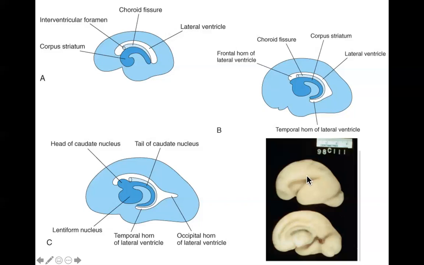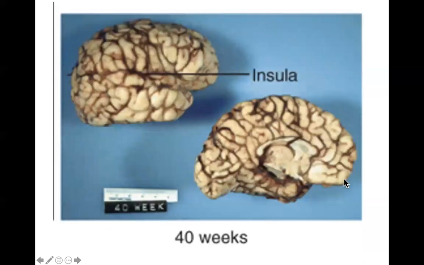So you notice down here, this is a 22-week brain, and this 22-week brain has a pretty smooth surface. Now, let's compare that to a 40-week brain. Oh my gosh, quite a bit of difference, right? Look at all the hills and valleys and gyri and sulci and all that stuff. And again, what this does is it creates more surface area for brain cells to exist, more surface area for blood flow to exist.